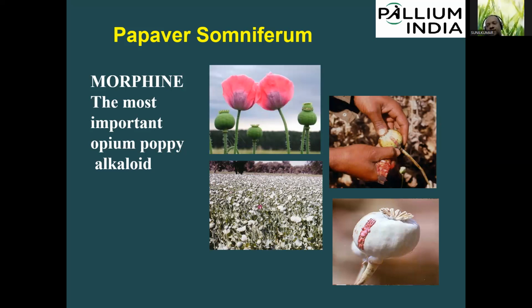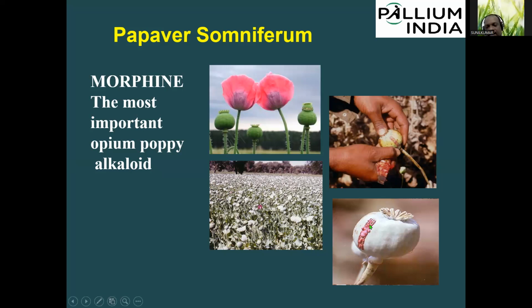So this is the poppy plant, the plant from which we get morphine, and its scientific name is Papaver somniferum. You can see the seed-like thing, which is known as the pod. The farmers make small cuts in this pod, and you can see the sap coming out.